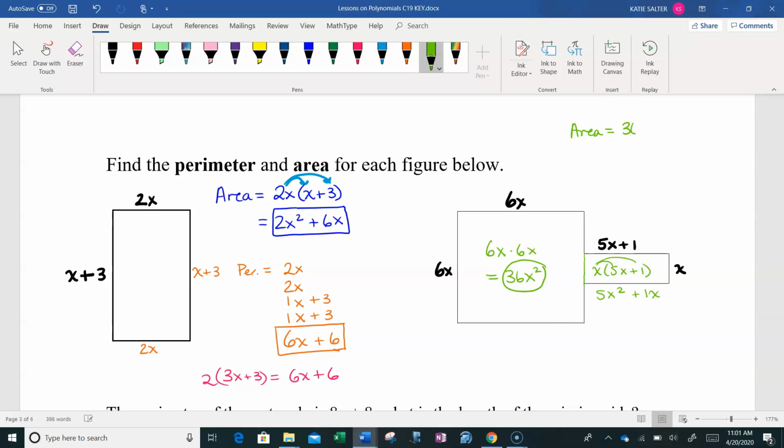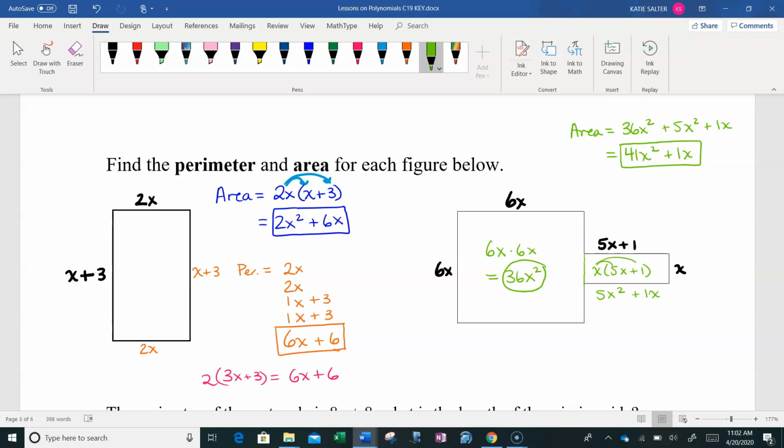So we would have 36x squared from the first shape here, which is really a square, and then the 5x squared plus 1x from this little rectangle over to the side. And then when we combine like terms, 36 plus 5 would give us 41x squared, then plus 1x. And that would be the area of this figure.